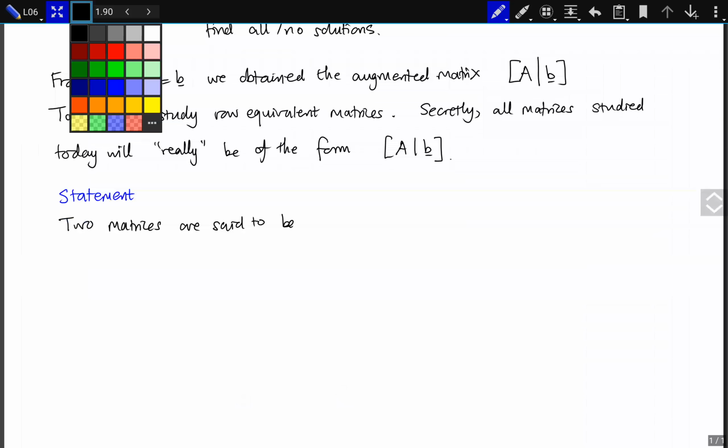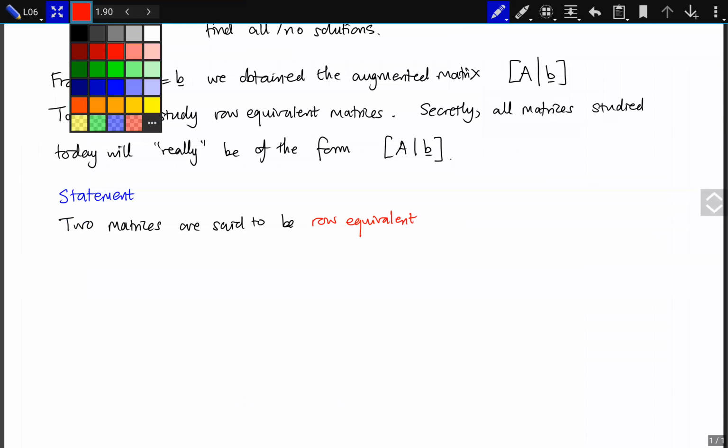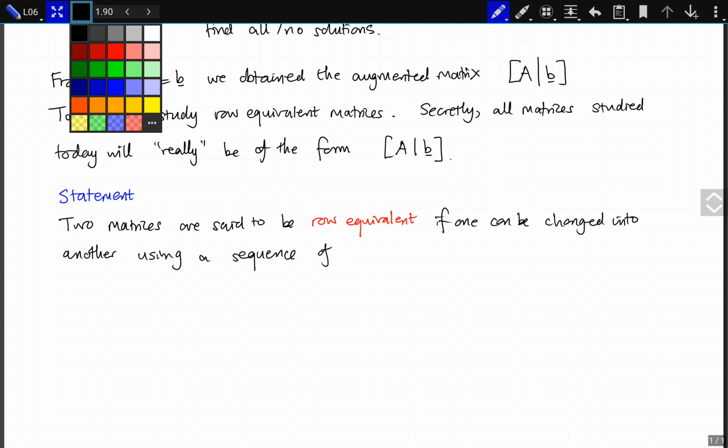Two matrices are said to be row equivalent if one can be changed into another using what's known as a sequence of elementary row operations.